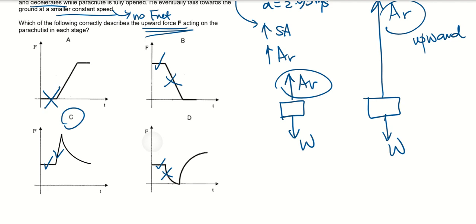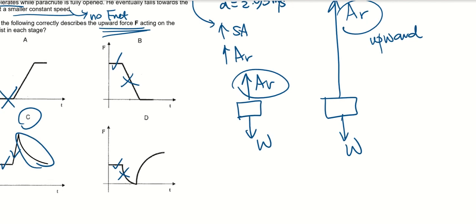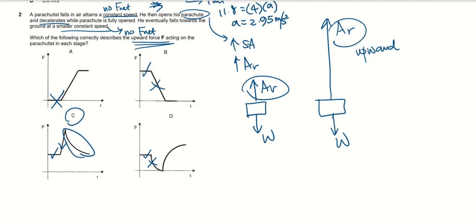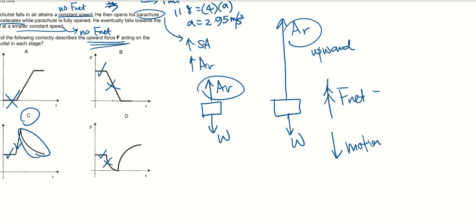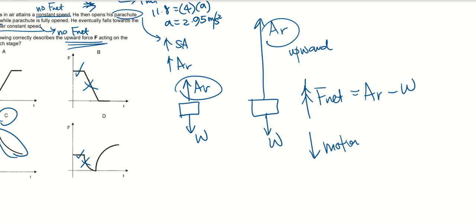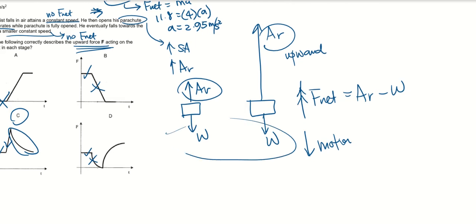But how come this happens? Okay, now as you know, looking at this free body diagram, F net is upwards, but his motion is downwards. This F net is actually the air resistance minus the weight. Throughout his fall, the weight remains the same.